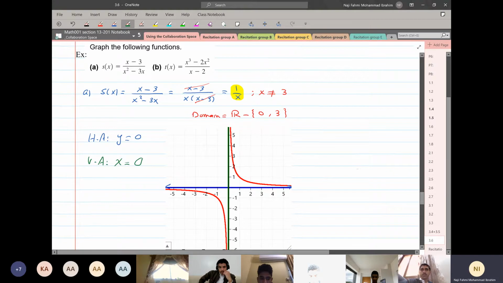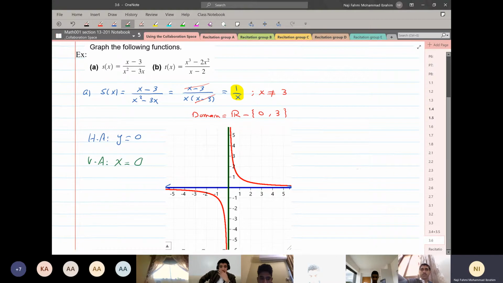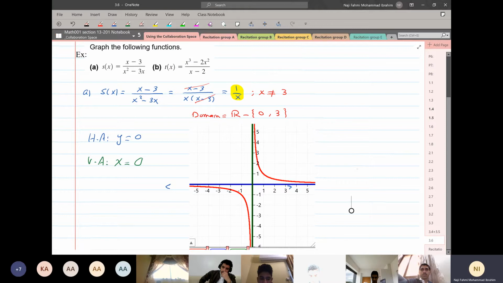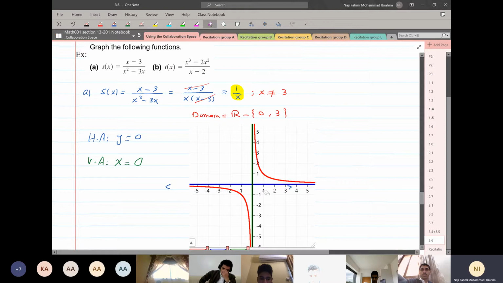But now, my function, is it defined at x equal 3? No, it's not defined. If it's not defined at x equal 3, I have to do something. The graph is not correct now. I have to do something for my graph. What's that thing? Read this statement now. At x equal 3, make it open.